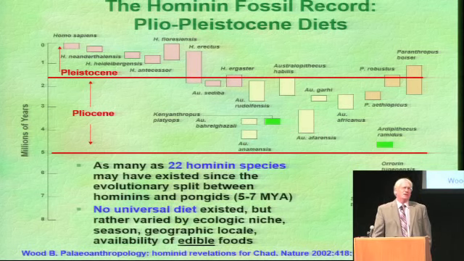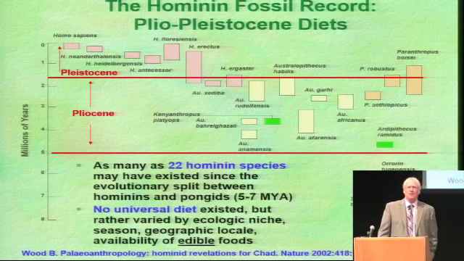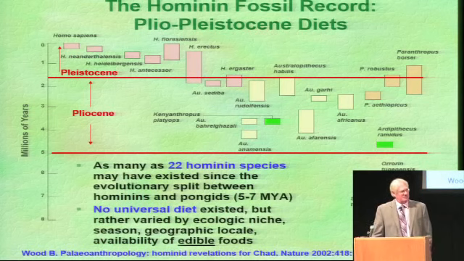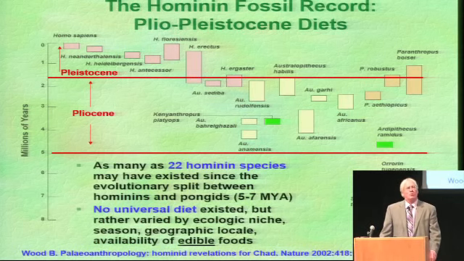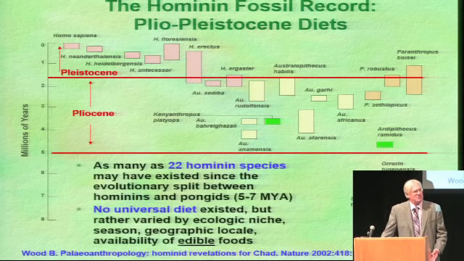So the first notion that I want to bring up is the idea of what is a hominin. A hominin is a bipedal ape, or an ape that walks upright. And if we look at the archaeologic record, actually the bones themselves, what we find is that there's perhaps 22 or even more species of hominins that have existed since the divergence of hominins with apes.